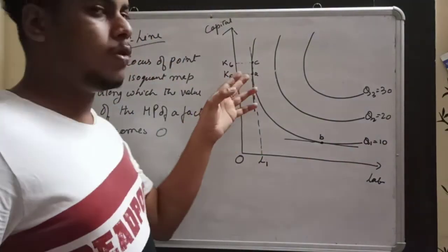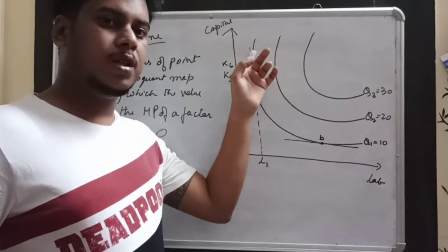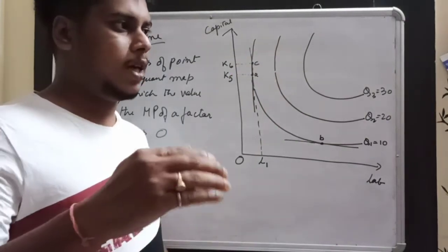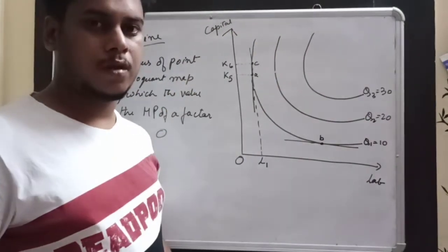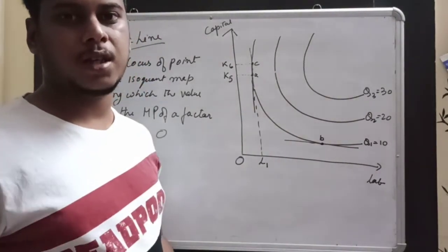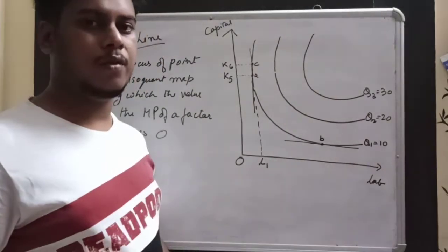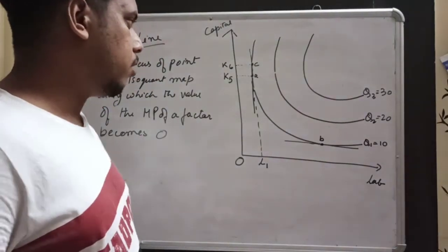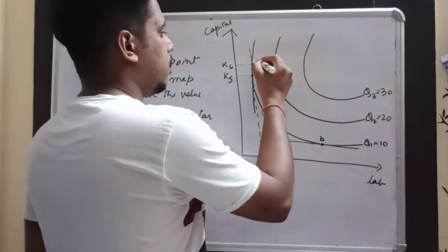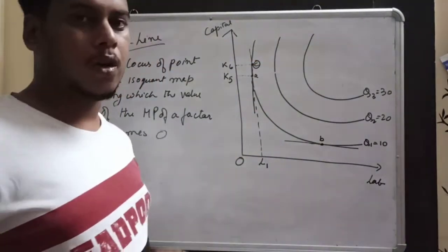So why would you choose the combination C which has an additional amount of capital, and having that additional amount of capital is giving nothing more to you? So choosing this point for production is very illogical.